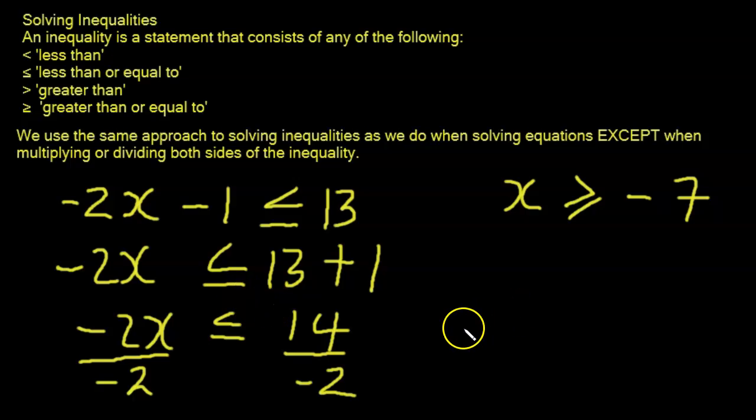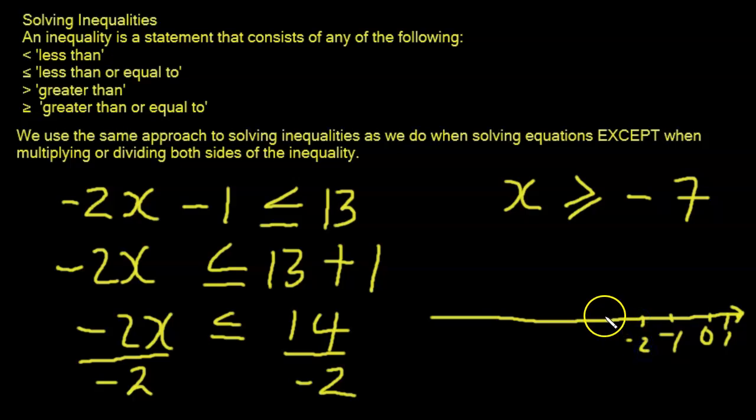And sometimes you're asked to show this on a number line. X is greater than, let me just use a number line quickly. So let's say this is 0, and the number line continues, this is 1, 2, and so on, it continues. Here we have minus 1, minus 2, minus 3, minus 4, minus 5, minus 6, minus 7.